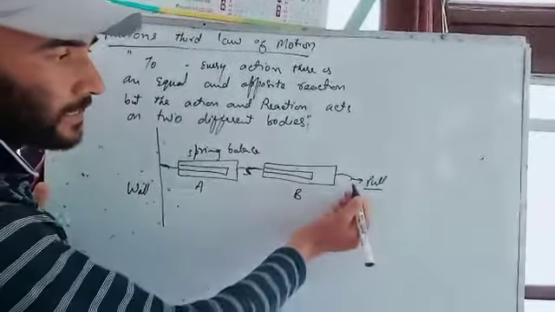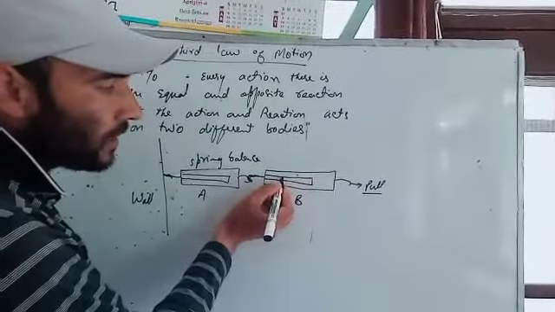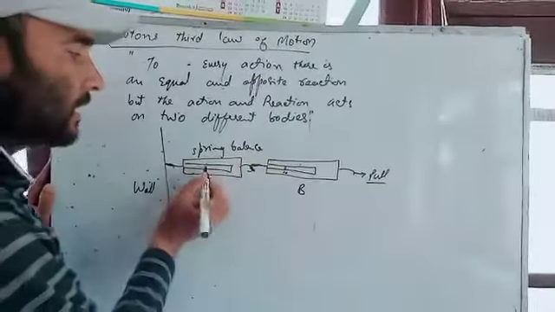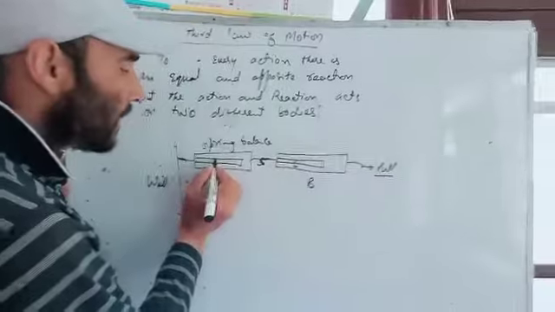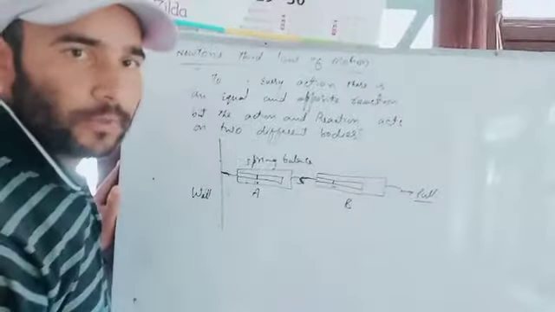That is, if the reading on spring balance B comes to 10, for example, you will see on spring balance A the reading is the same, that means 10.